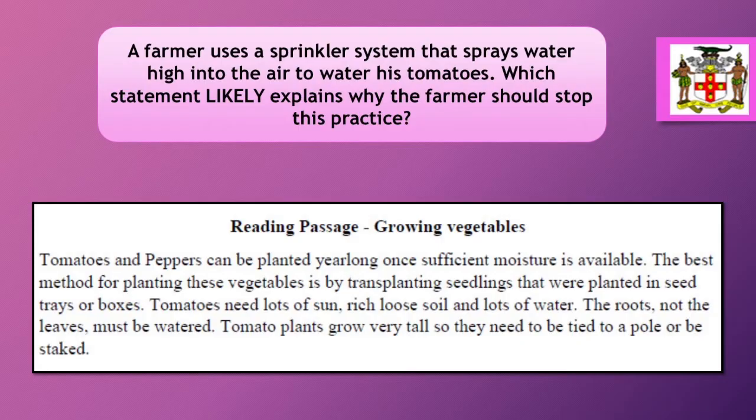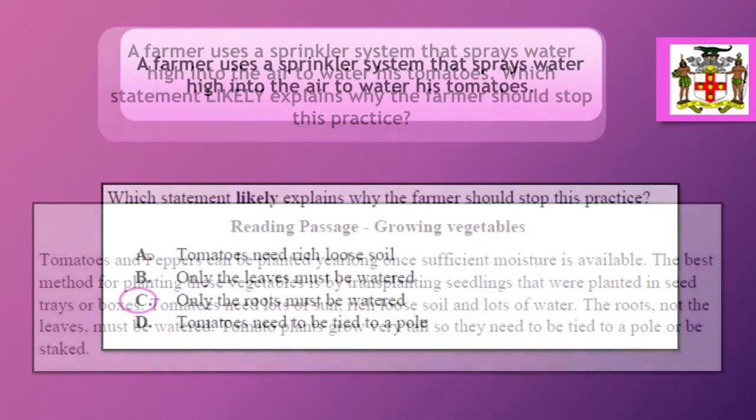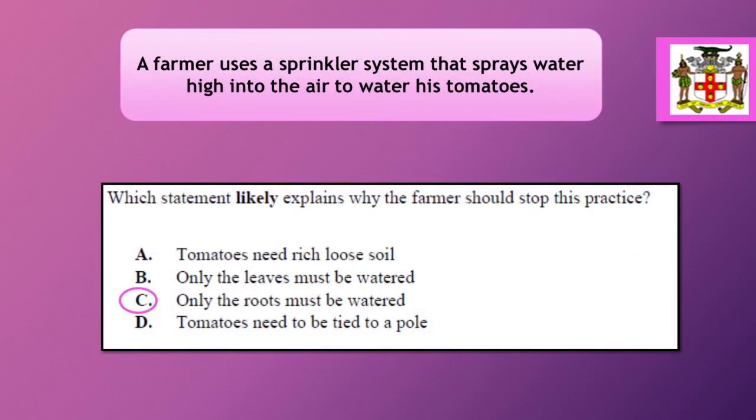Let's look at the answers given. Tomatoes need rich, loose soil. Is that a suitable statement for that particular scenario? No. Tomatoes need to be tied to a pole. Would that affect him using that sprinkler system? Not at all.